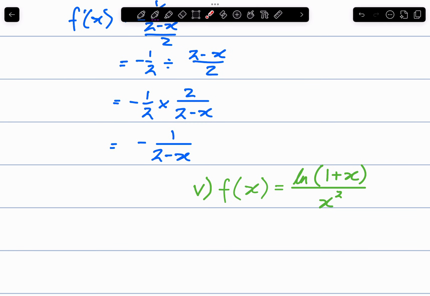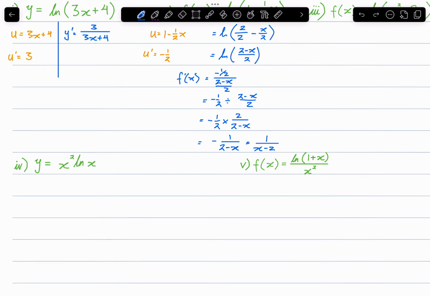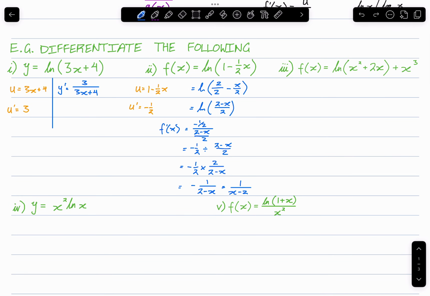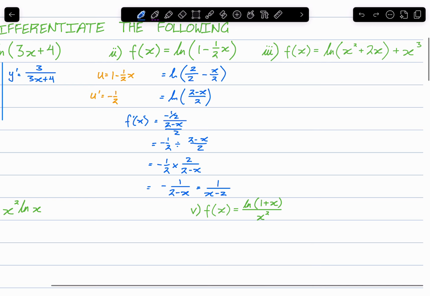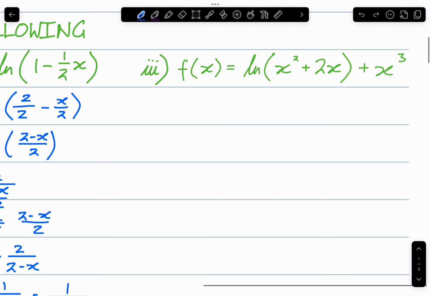But I can simplify this further and take this negative 1 and multiply it out to the denominator. So in the denominator, I'm imagining it like this. When we expand this one, negative 1, negative x, that becomes 1 over x minus 2, and that is our derivative. Okay? All right, so let's move on with this next one.